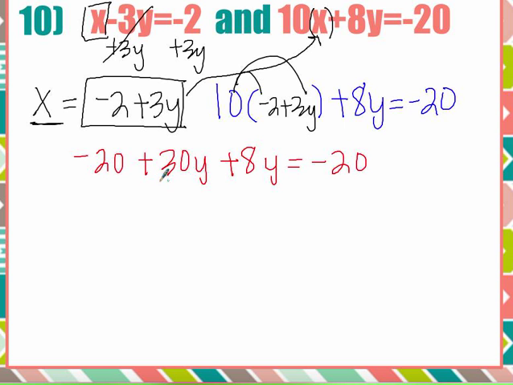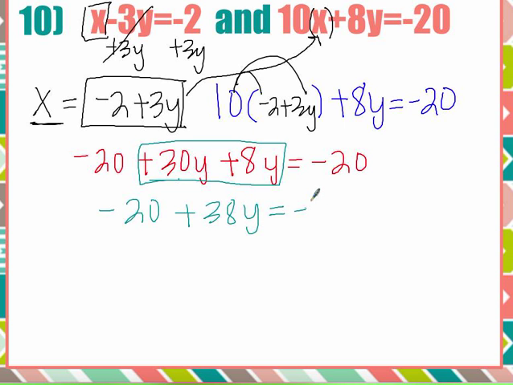So first we need to combine like terms. I've got 30y plus 8y, so I've got negative 20 plus 38y equals negative 20. When I try to move this minus 20 to the other side, I would have to add it to both sides, and they both end up giving me 0.